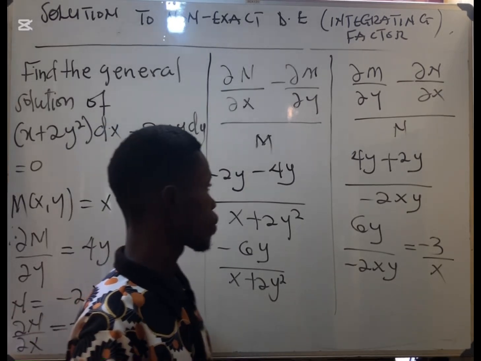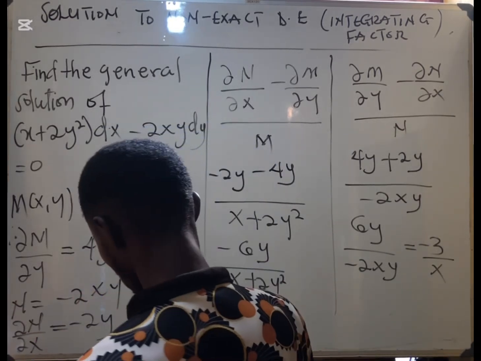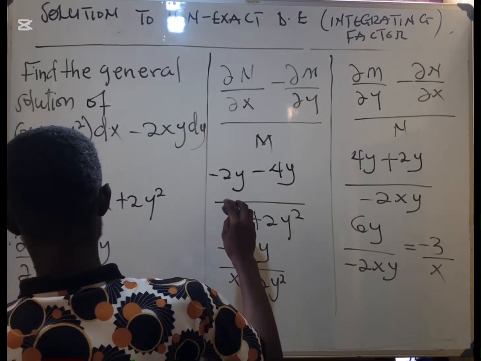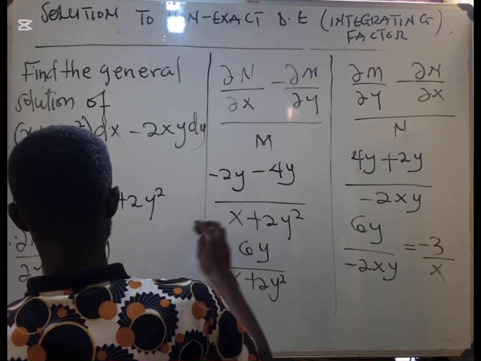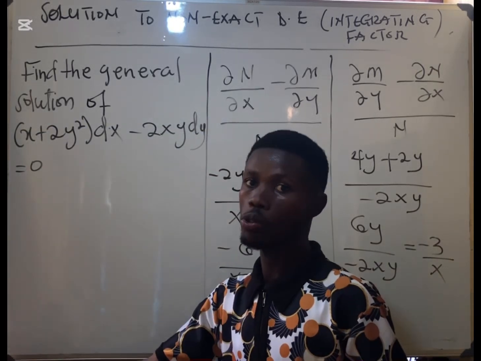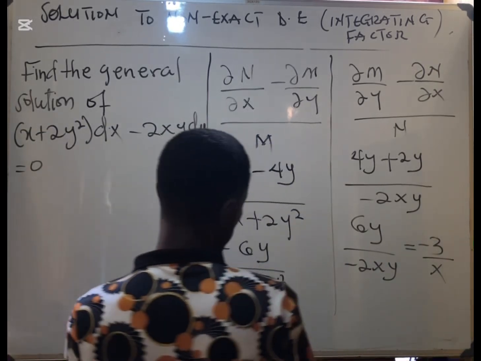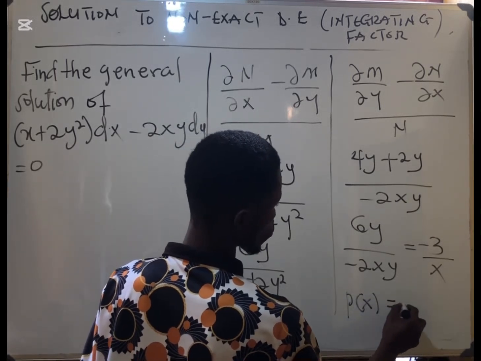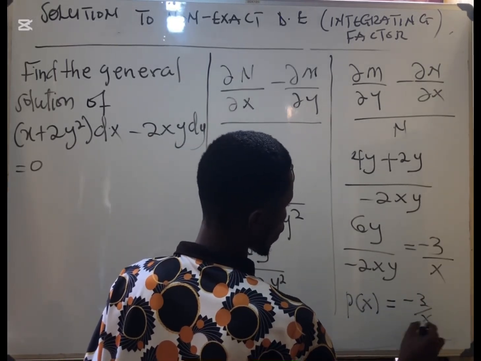Is that okay? Now, find the integrating factor. This time I'm going to use the formula straight. As I said, this one will be p of x, which is equal to negative 3 over x.